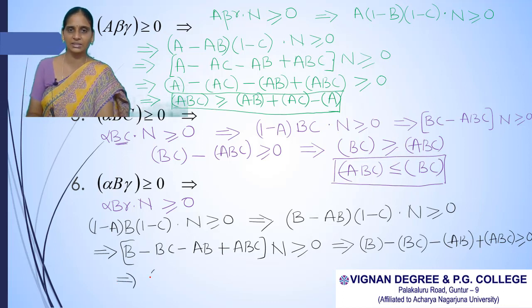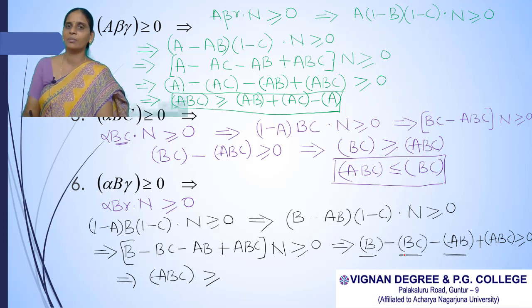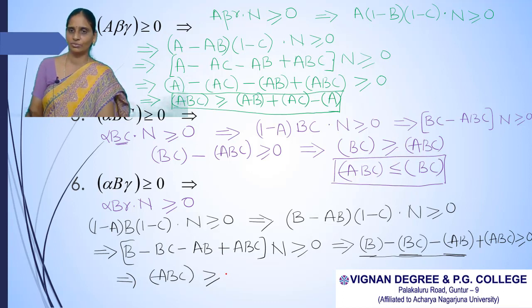And this implies frequency of ABC is greater than or equal to all the frequencies. Here frequency of B minus frequency of BC minus frequency of AB. So these three class frequencies are shifted to right hand side. We get the expression like this.